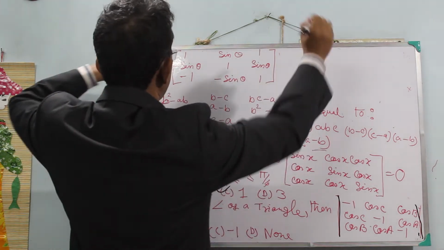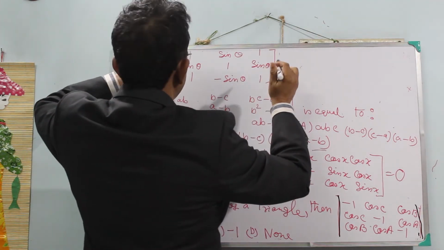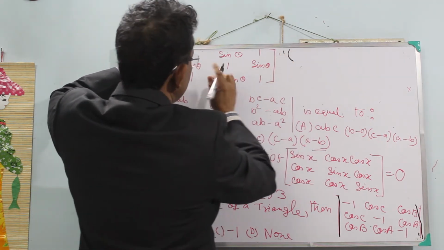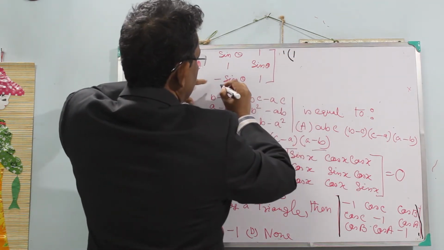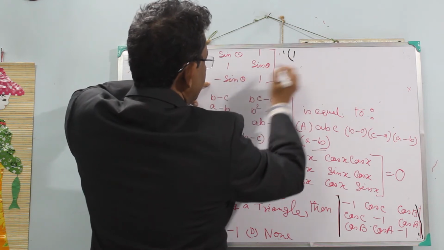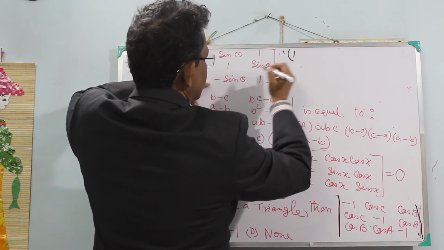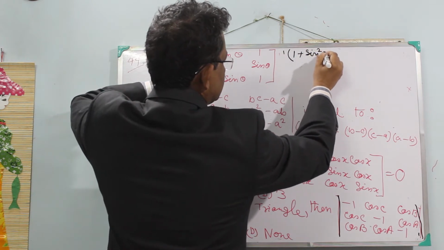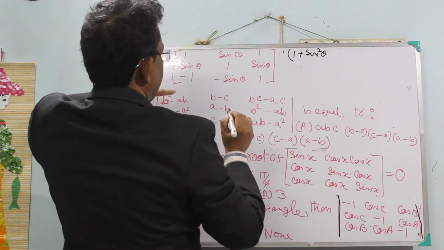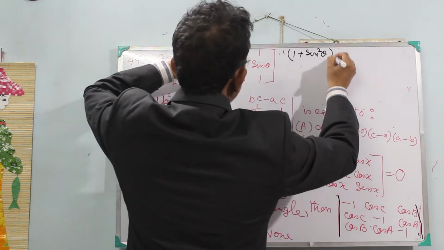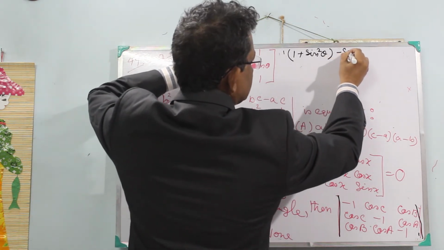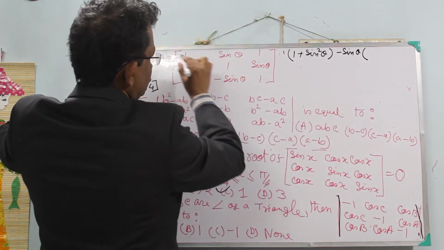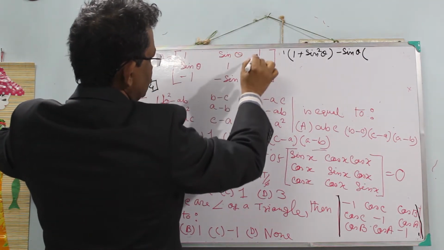So first we have to calculate det A. So det A equals 1 into 1 minus sine square theta, so plus sine square theta, then sine theta minus sine theta into this row, this column, and this row.